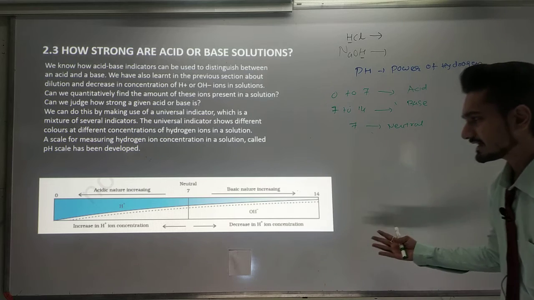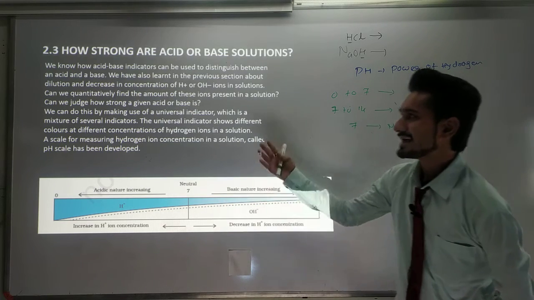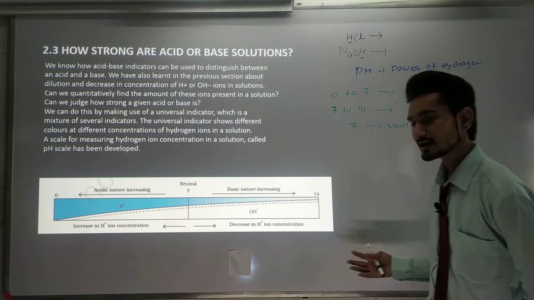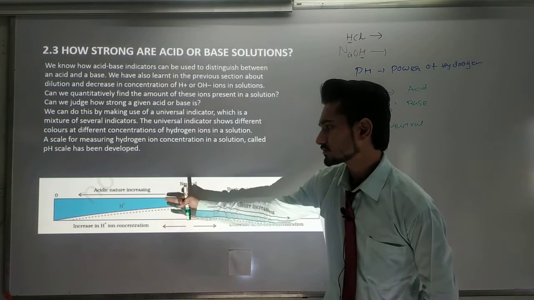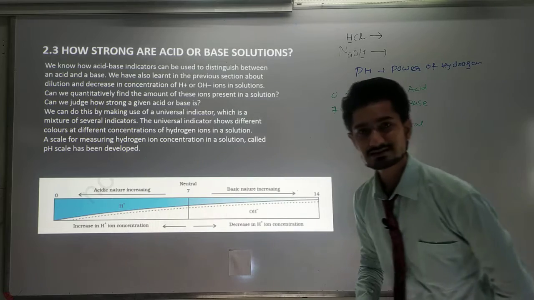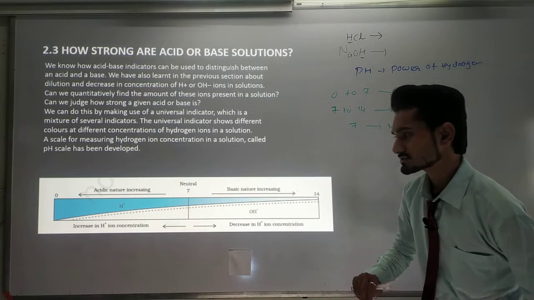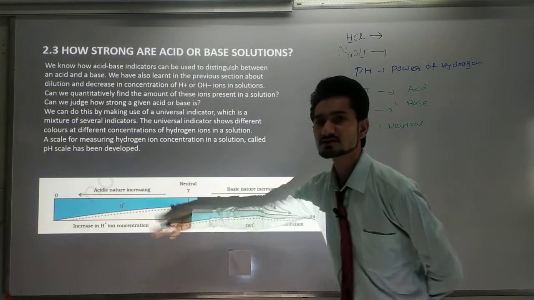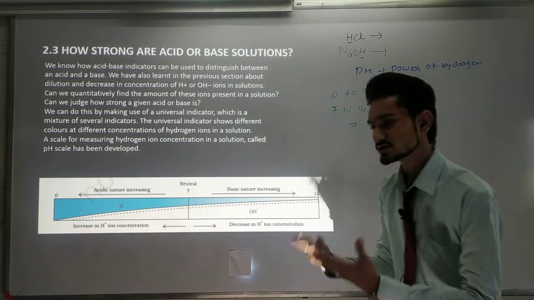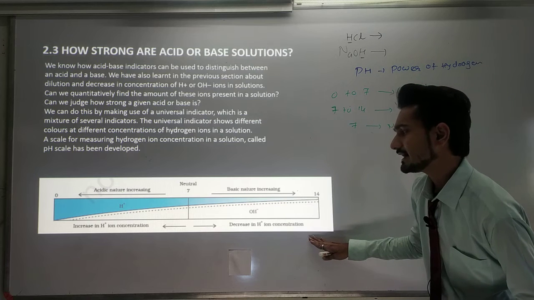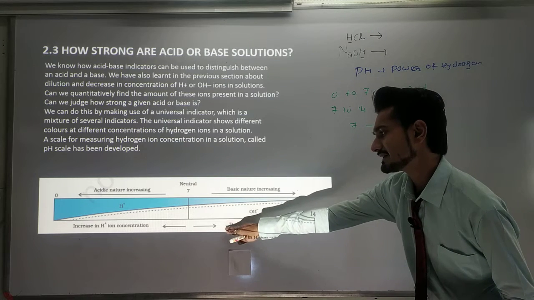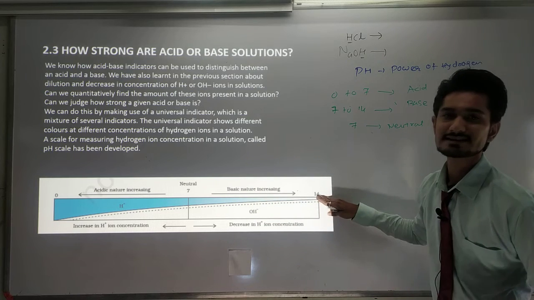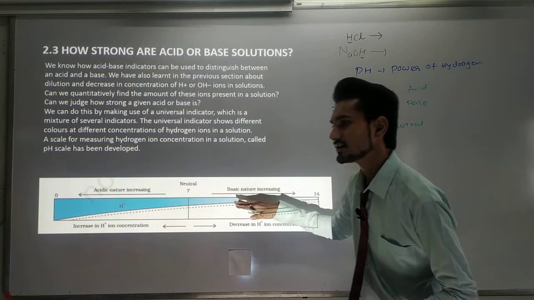This is the basic diagram I have already drawn for you, a curvy diagram. Now you can draw the linear diagram. This side contains the H plus ion, and this side contains the hydroxide ion. An increase in hydrogen ions gives the substance a more acidic nature. A decrease in hydrogen ions, or an increase in hydroxide ions, gives the substance a more basic nature.